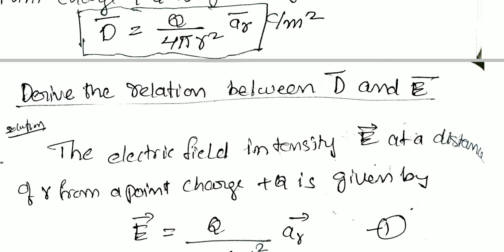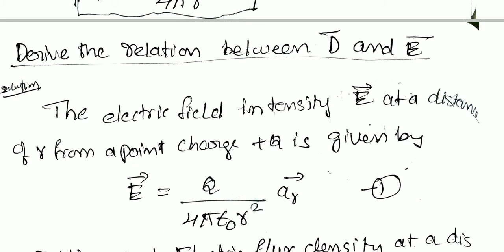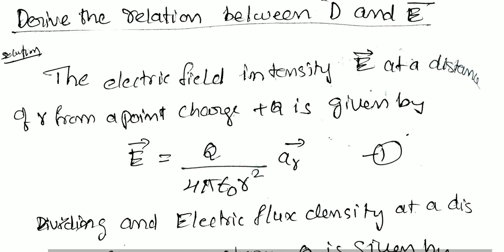Where we want to measure the field, there we place one unit charge, and the force experienced by the unit charge at that point we call the electric field intensity. Here the electric flux is nothing but the flux at that point. So at that point, how many electric fluxes are moving, that is given by electric flux density.